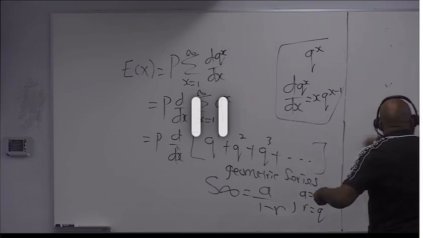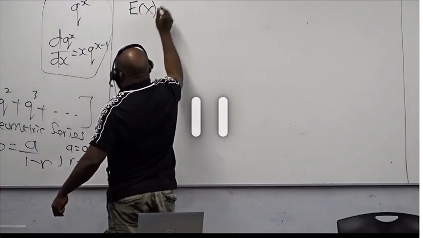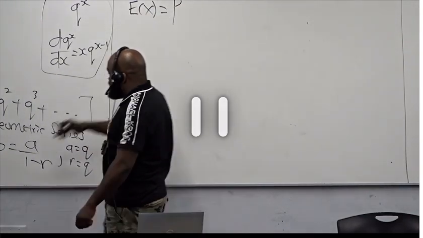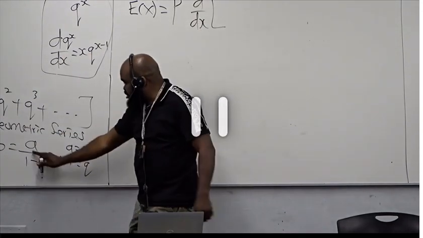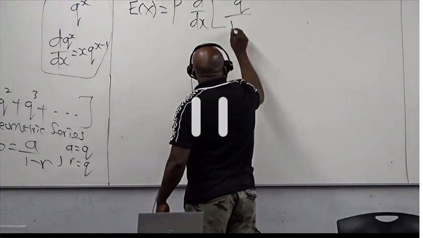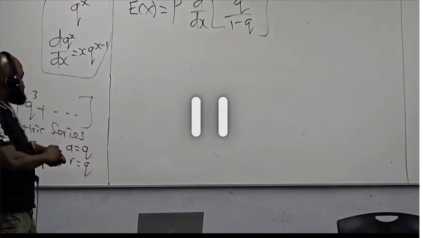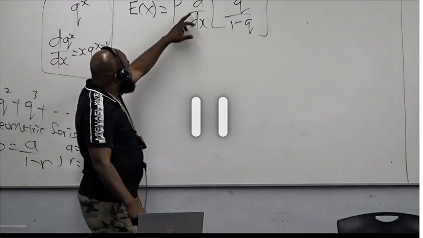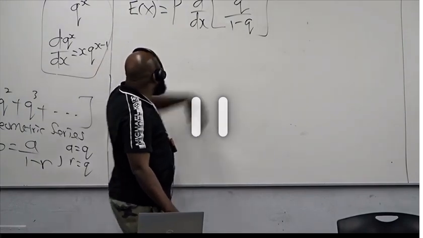The next thing I'm going to do is the expected value of S equals P times DDS, and using this formula, it is Q over 1 minus Q. Look at that, Q over 1 minus Q. Now, if I have Q over 1 minus Q, please pay attention.